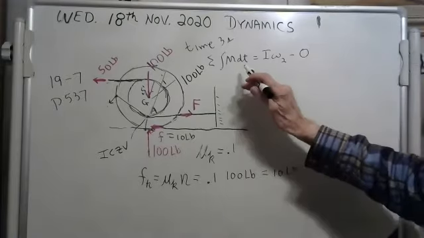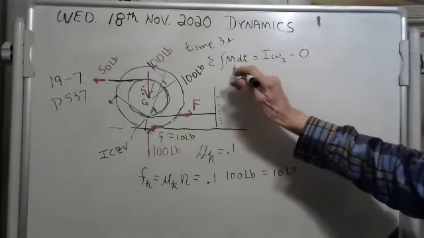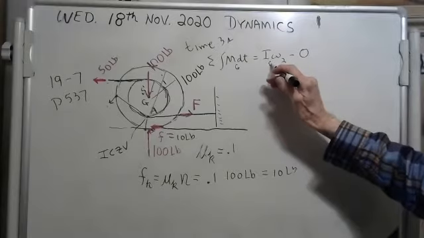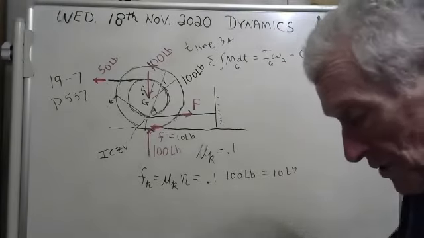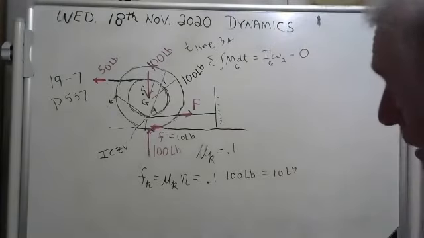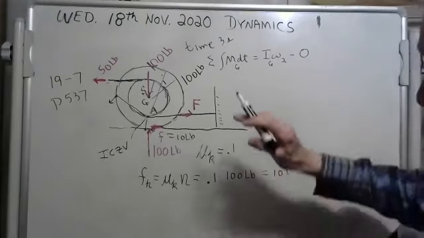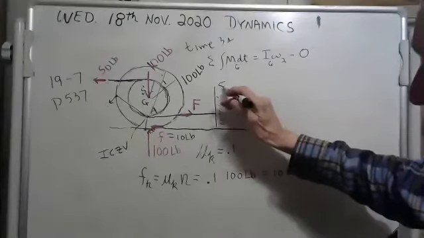Now you can write this about point G, but I'll show you a shortcut. We should do it about point G. I think we got time. We got 22 minutes. There's a shortcut.